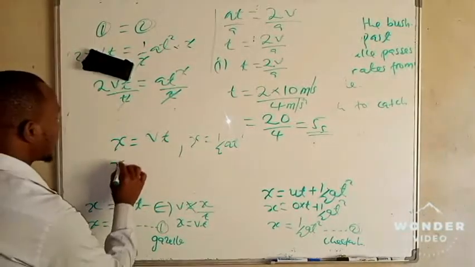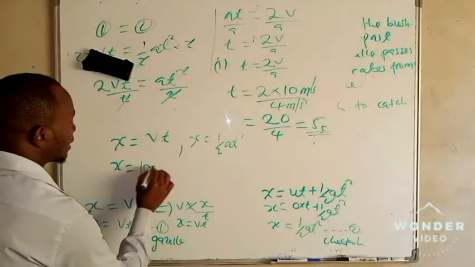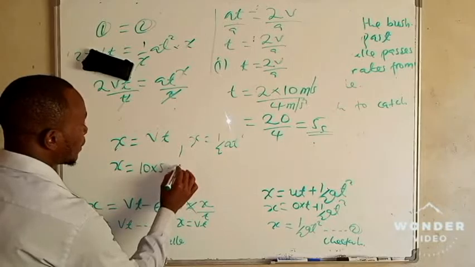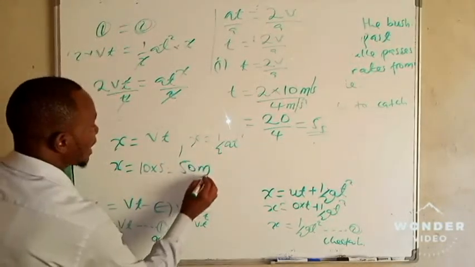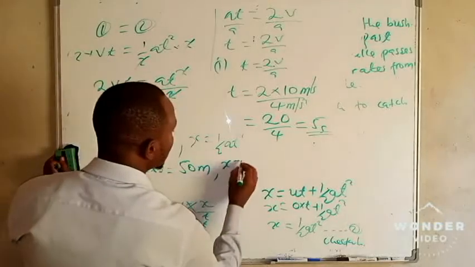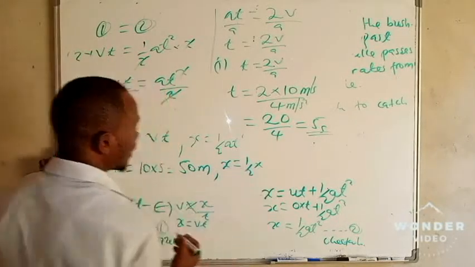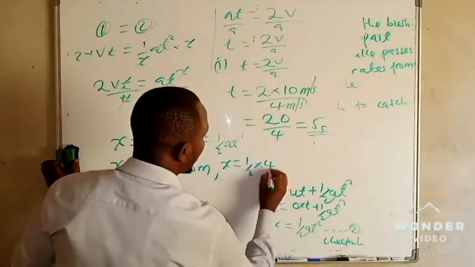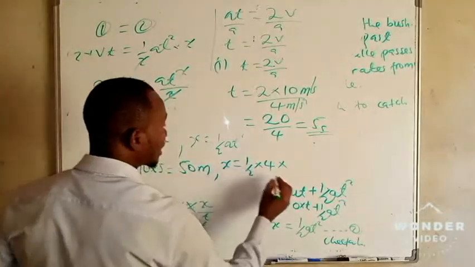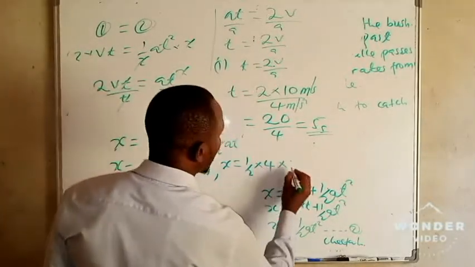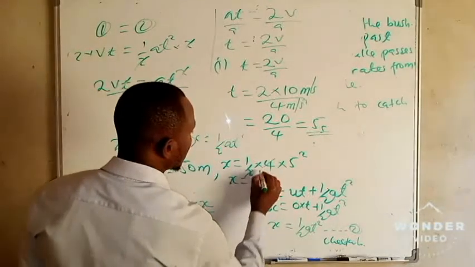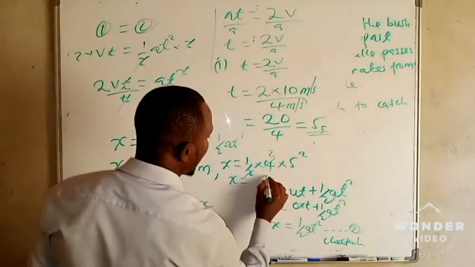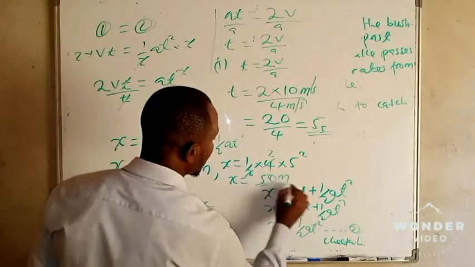So displacement here is equal to 10 times 5, which is 50 meters. Even here, x is equal to half times 4, the value for acceleration, times the value for time squared. So 2 times 25, we have 50 meters.